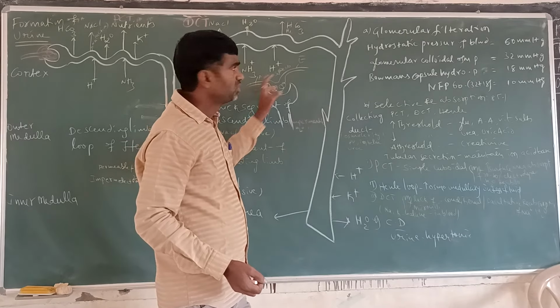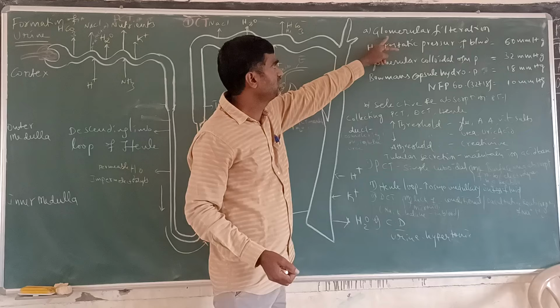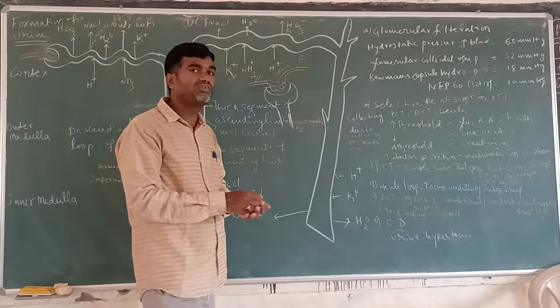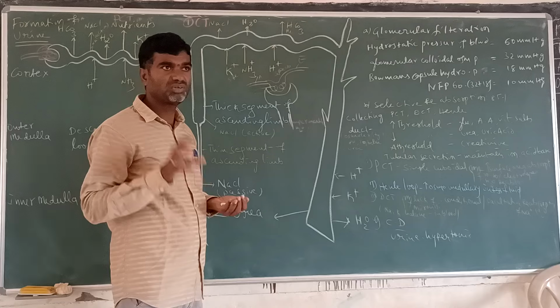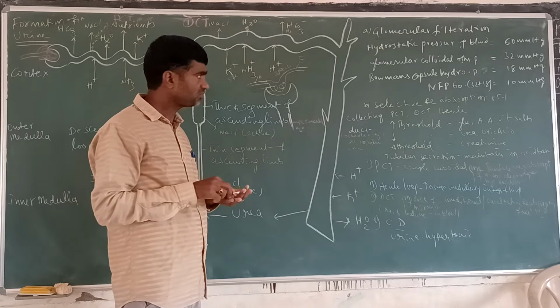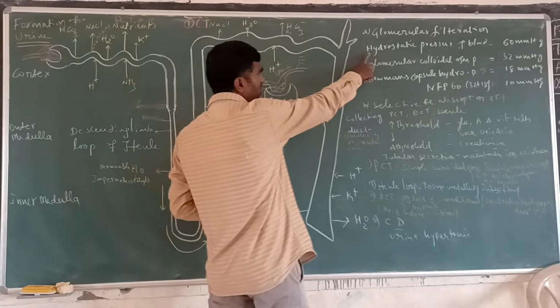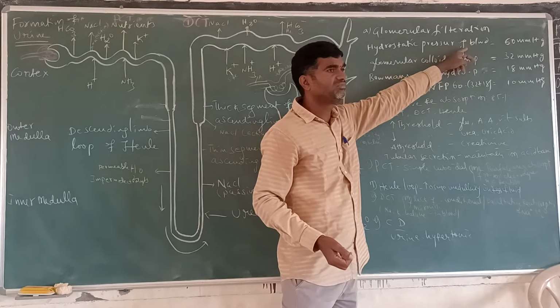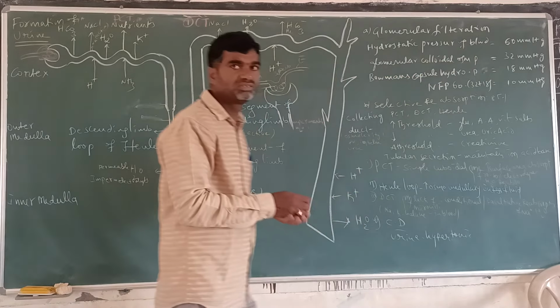Now the first one, glomerular filtration. How is the glomerulus filtering? Number one is the hydrostatic pressure of blood while flowing into the glomerulus.